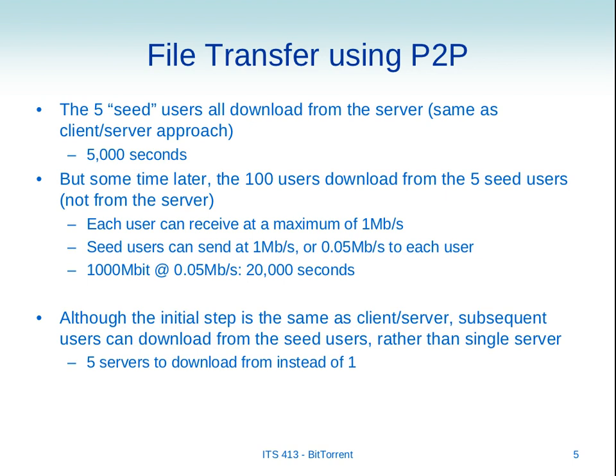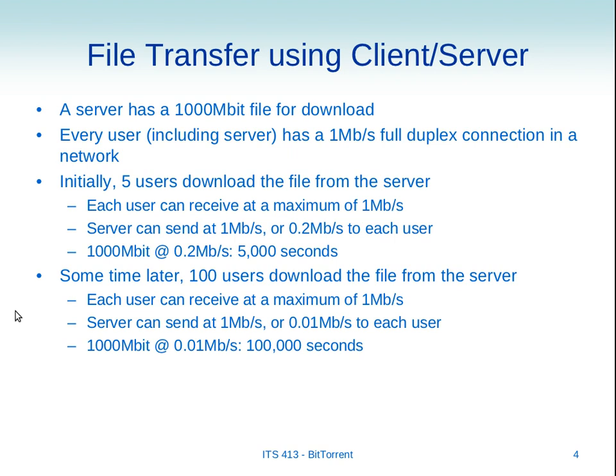We've reduced it from 100,000 from the previous case down to 20,000. So in total, for all 105 clients, it takes 5,000 plus 20,000, 25,000 seconds. In the previous case, where everything went via the server, it takes 5,000 plus 100,000, 105,000.